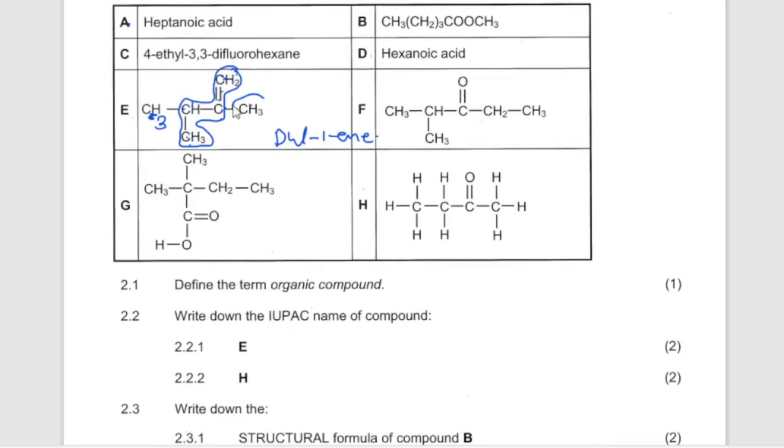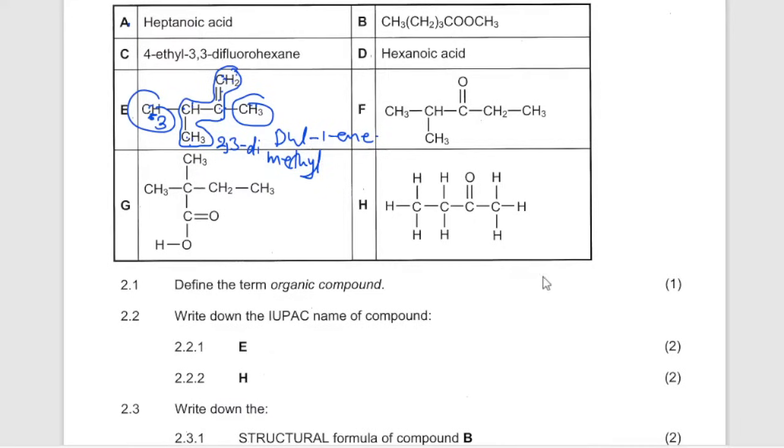Now I have this side group and I have this side group. The first side group is on carbon atom number 2, so it's going to be 2, comma, the second side group is on 3. Then dash, di. What is it? These are methyls. Dimethyl. 2,3-dimethylbut-1-ene.